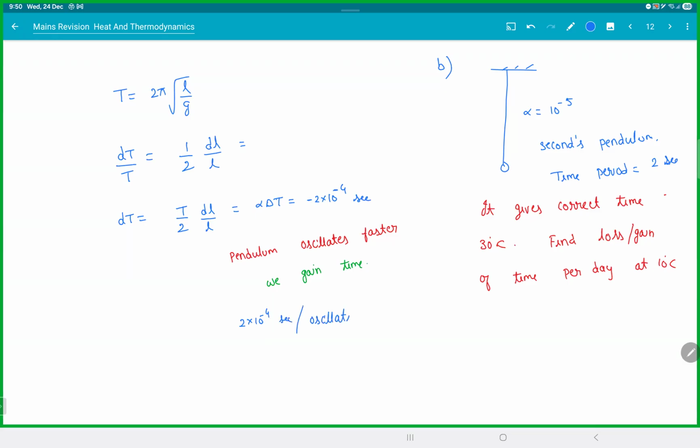Remember, T is the time period for one oscillation. So every oscillation will gain 2 into 10 power minus 4 seconds. That is 10 power minus 4 seconds per second. So every second, you gain 10 power minus 4 seconds.